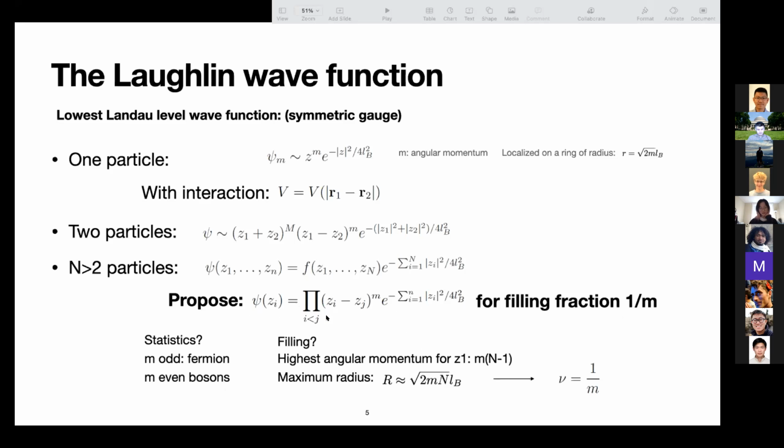So notice that the highest angular momentum for, say, z1 is m times (n minus 1), where n is the total particle number.